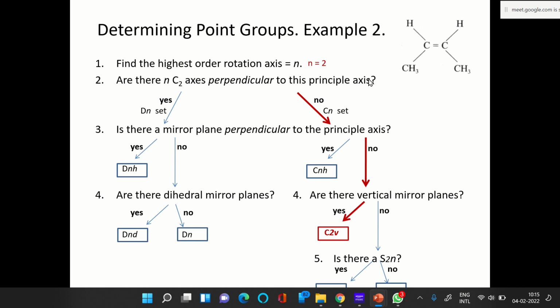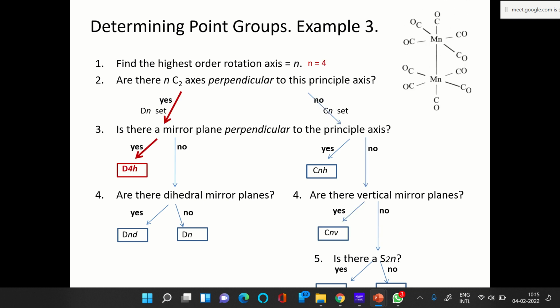Are there n number of C2 axes perpendicular to this plane? No. Then is there any mirror plane perpendicular to the principal axis? No. Any vertical mirror planes? Yes. So C2v is the answer. So it is going by the flow chart.